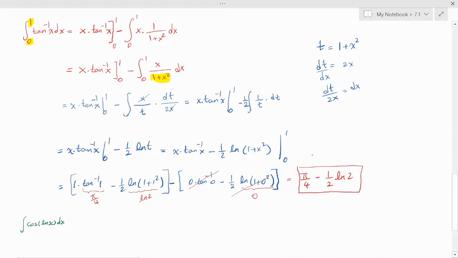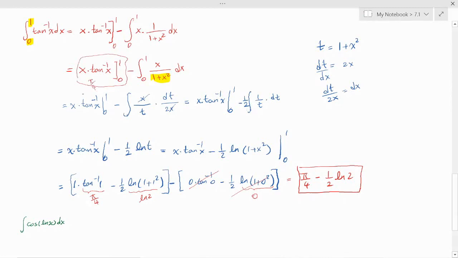Without doing integration by parts, we wouldn't have been able to find this. And it's not easy to guess this result because it involves both a logarithm and an inverse trigonometric value. Okay, so this was an example where you have boundaries. Without the boundaries, it's easy. With the boundaries, you have to be careful at the end, or you could have calculated this right here and said this would have been pi over 4.